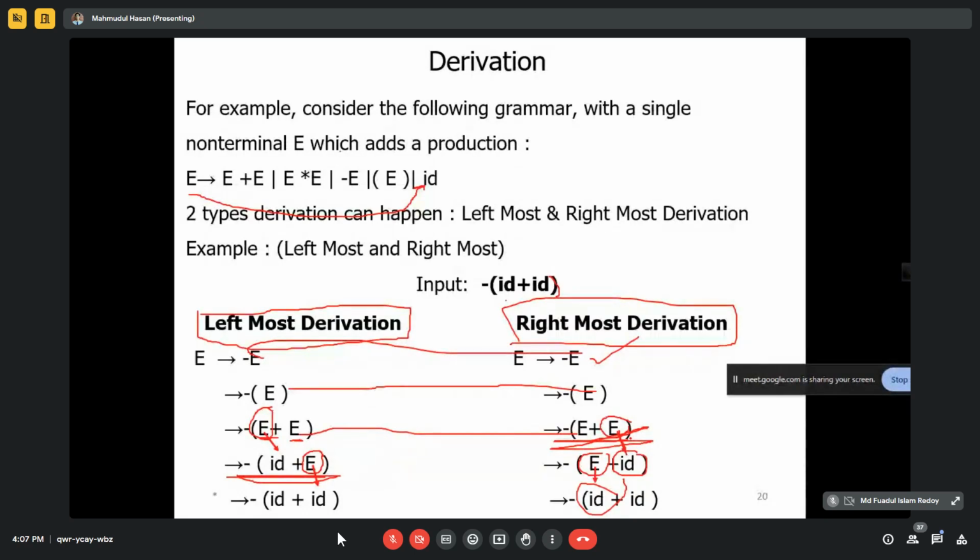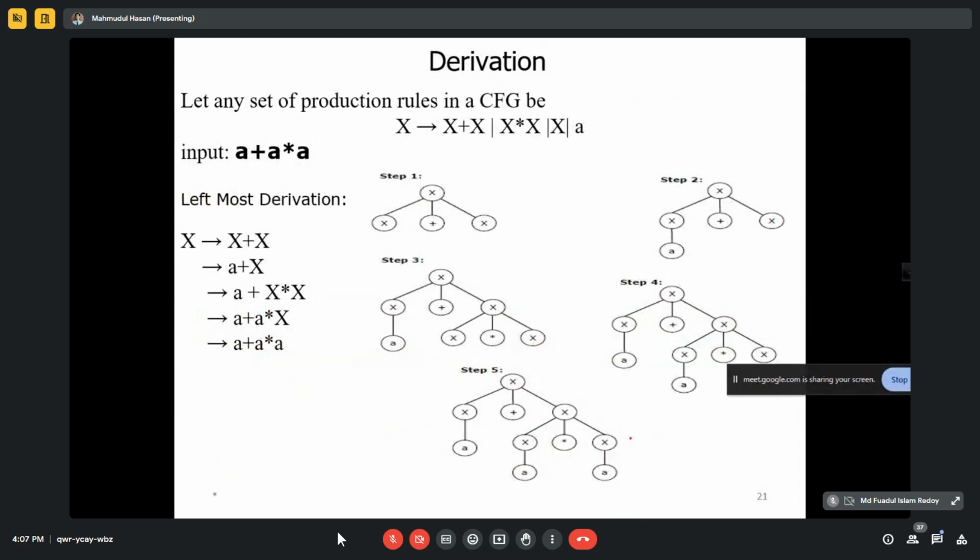What is the main difference between leftmost derivation and rightmost derivation? Okay, there is another example, no problem. Suppose this is your grammar: X to X plus X, X to X into X, or X to a.